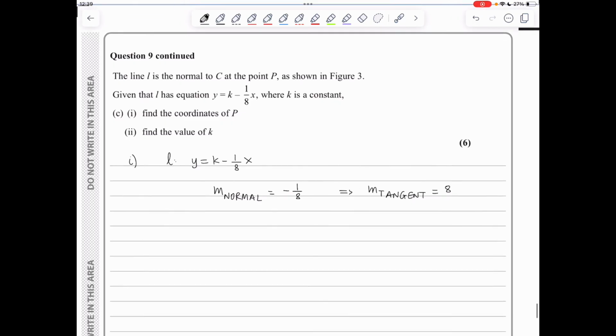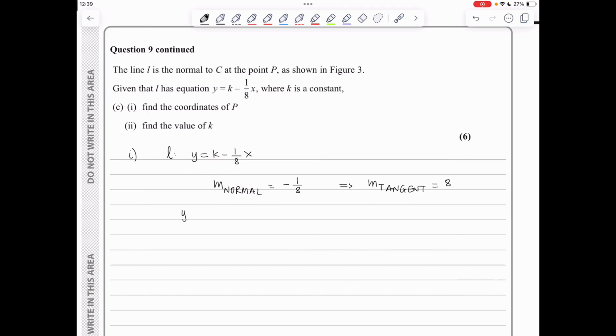So looking at the equation of the curve, it was y is a half x squared minus 10x plus 22. We can use differentiation to find an expression for the gradient of the curve. So dy dx is a half times 2x minus 10, which of course simplifies to x minus 10. And we are saying that there is a value of x that when substituted in here will give you a result of 8, which is the gradient of the tangent.